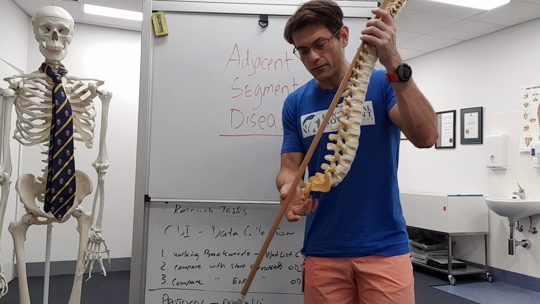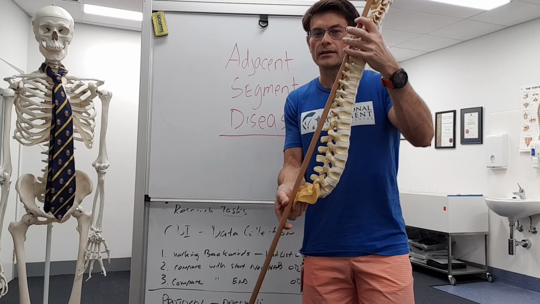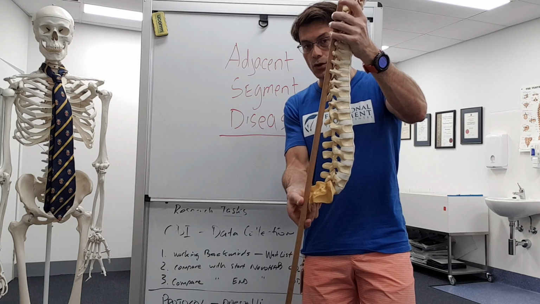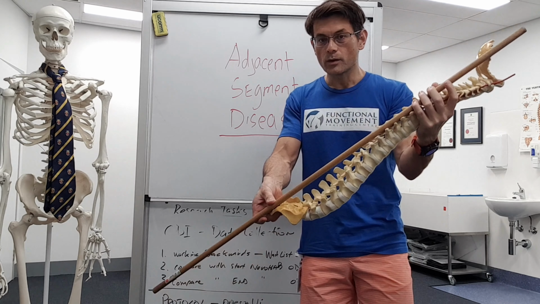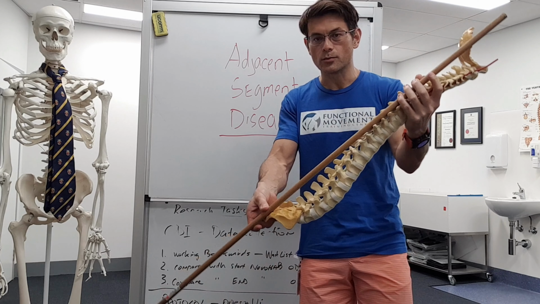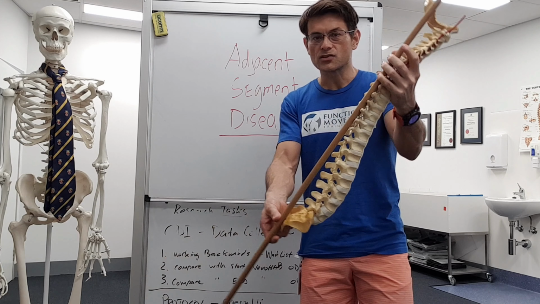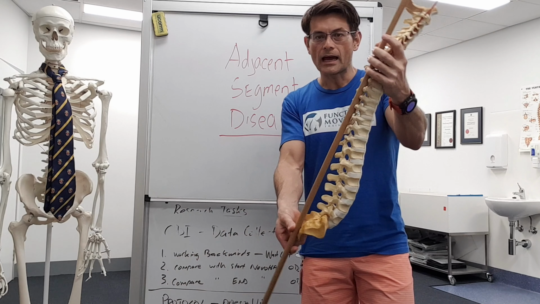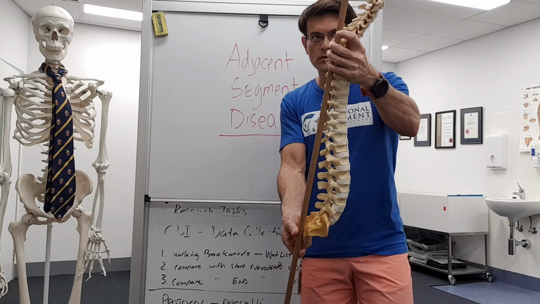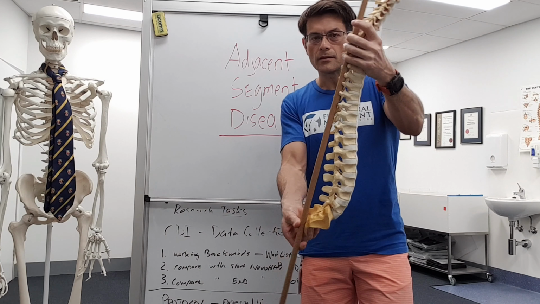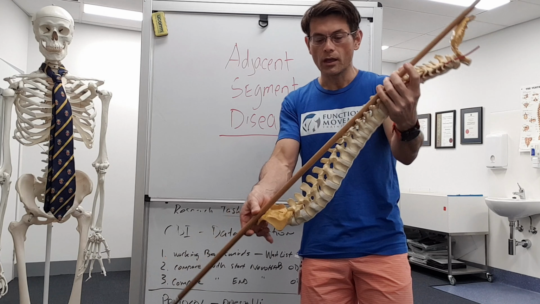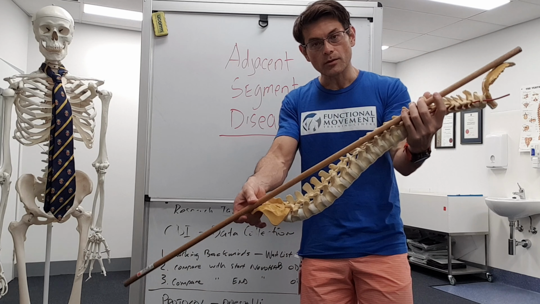Now, if we reproduce that model and imagine that the fusion has occurred, and we retrain the person to move like this in this neutral spine position, you can see how it's unlikely that over the rest of their life biomechanical stress will occur at that adjacent segment.